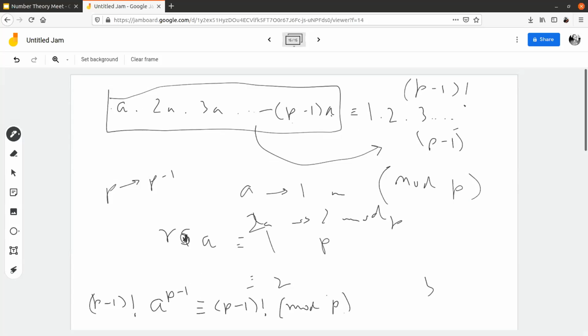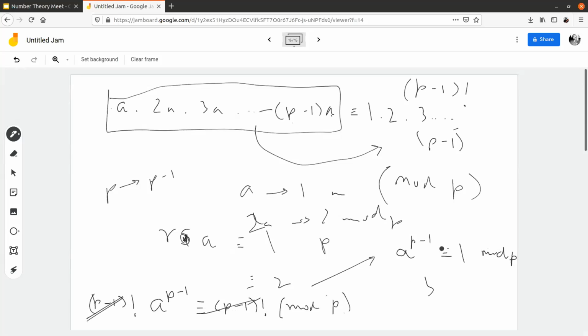I guess you all know the factorial thing. Now I can always divide both sides, because p minus 1 factorial is co-prime with respect to p. There is no common divisor between p minus 1 factorial and p. So I can divide on both sides, and this gives me a to the power p minus 1 is equivalent to 1 mod p.